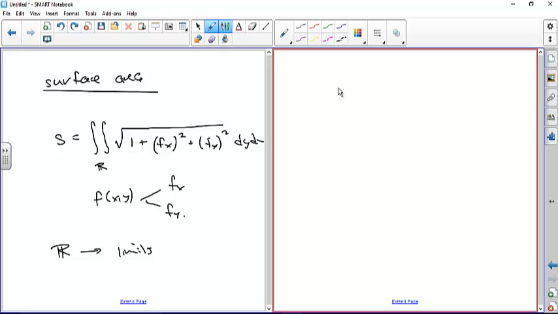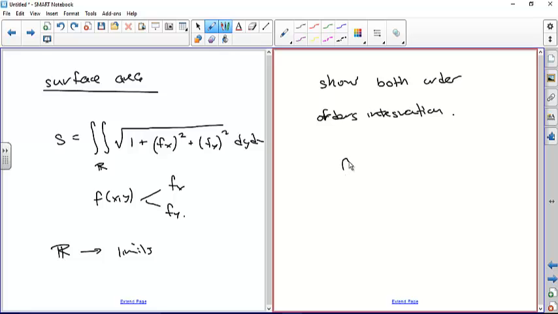But I do want you to be able to show both orders of integration.